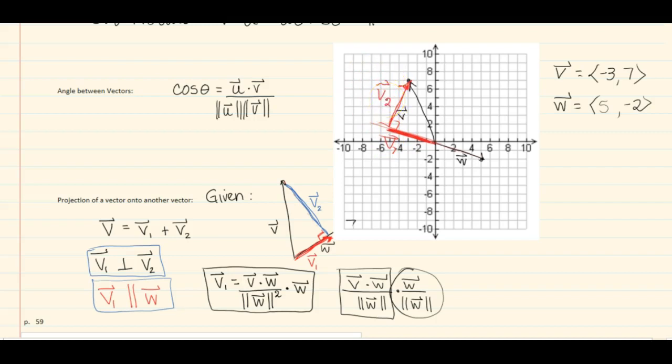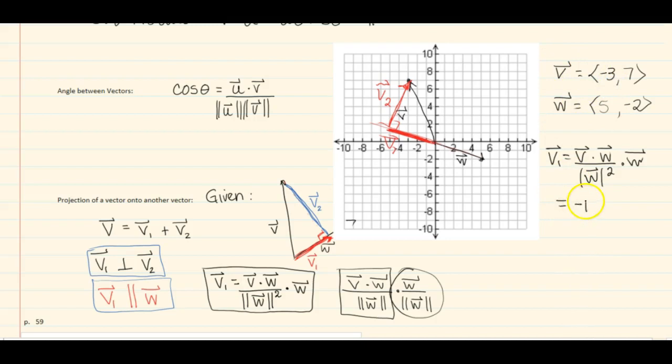So let's see if we can find what those components are. Remember, for V1, we need to find V dot W, get the magnitude of W and square it, and then multiply it times W. So V dot W, that's where I'm doing my dot product.